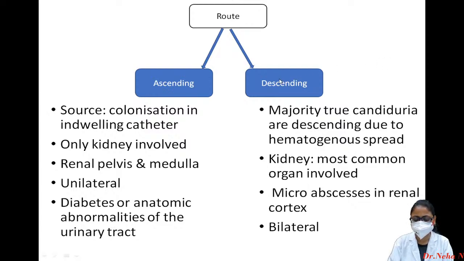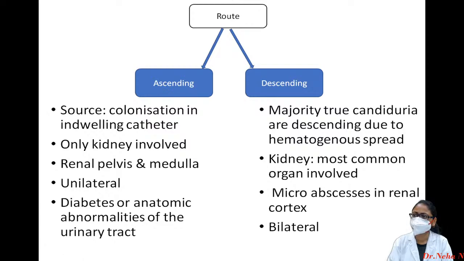And it is said that in cases of disseminated candidiasis, if we look at autopsy cases, a few studies have shown almost 90% involvement of the kidneys. So kidneys are one organ which have very high susceptibility.